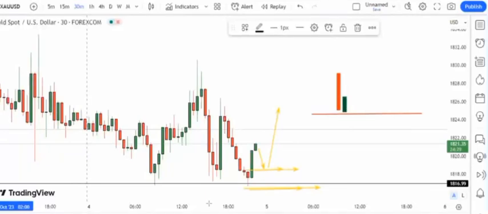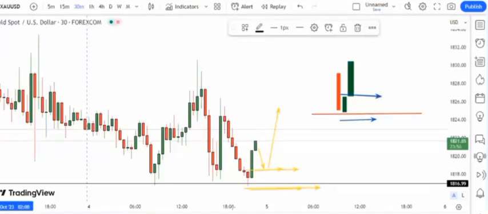And then you decide to enter right as the candlestick closes, and you put your stop loss a few pips below. The moment price pushes higher, right? The moment price pushes higher, you move your stop loss to entry, to your entry point, right? That way you're not risking anything, your trade is protected.